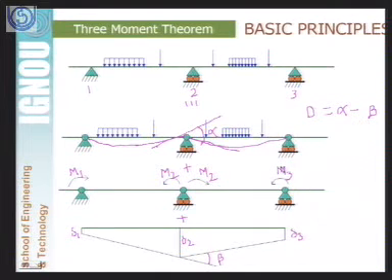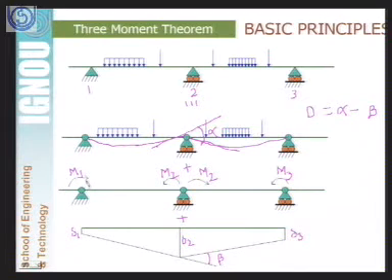Now what should have happened: if it is a continuous beam, there should not be any relative rotation between the left and right part of this node. So this d should be nullified because of these moments M1, M2 and M3.